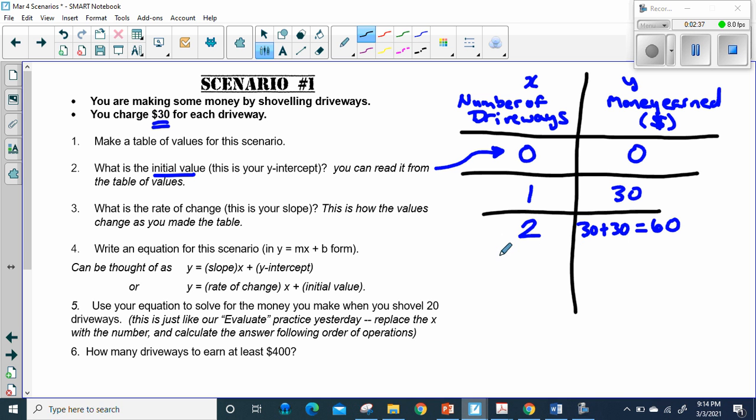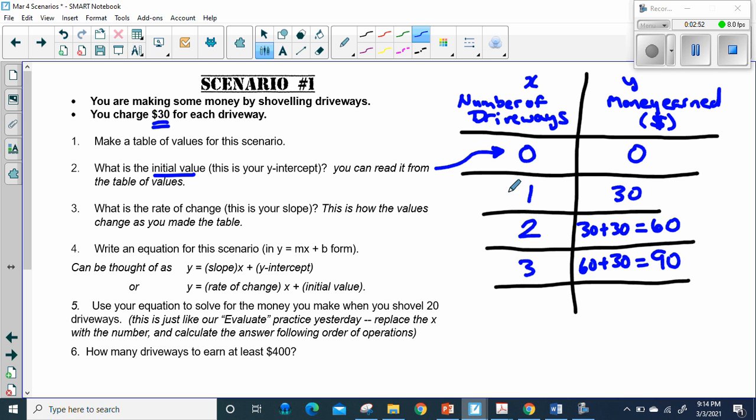Excellent. Well, let's go shovel another driveway. So I've now shoveled 3 driveways. So let's see, I had 60 bucks and I just made another 30. There's my 90 bucks right there. Perfect. Let's shovel another driveway. So I had 90 bucks in my pocket and then I did this driveway and I got another 30. I now have 120 bucks in my pocket. We're looking pretty good here, people.